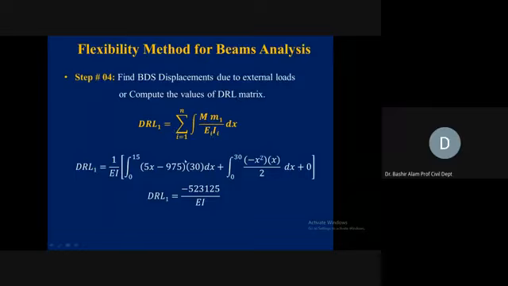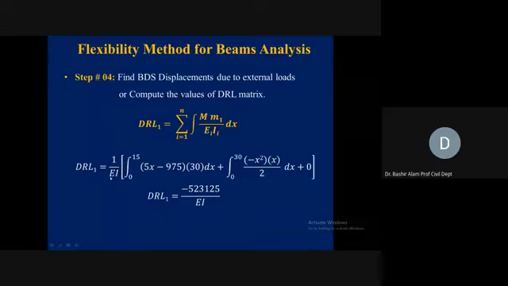So DRL1 for member 1, if you see, it was from 0 to 15. 5x minus 975, this was the capital M value. The small m1 was 30x. Then member 2 combination, it was minus x square for capital M. m1 was x divided by 2, from where this 2 is coming, this was actually divided by EI, so I was 2I actually.